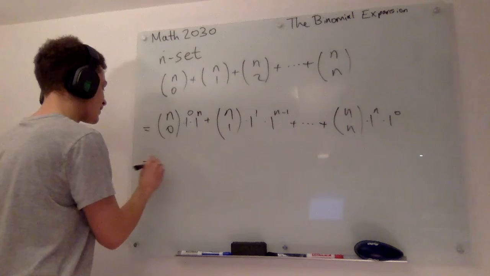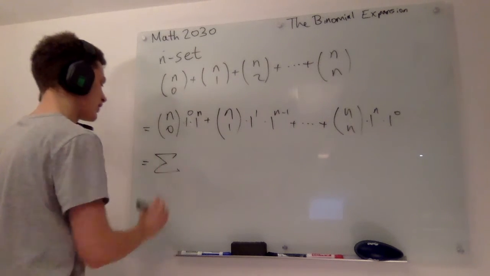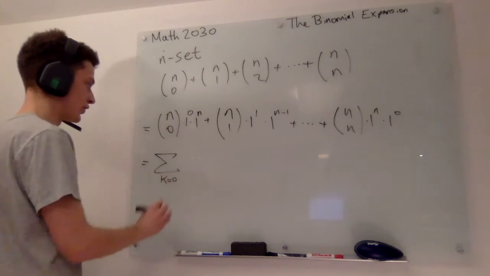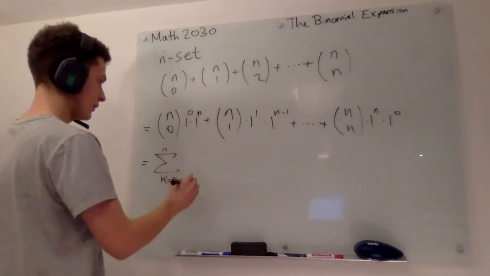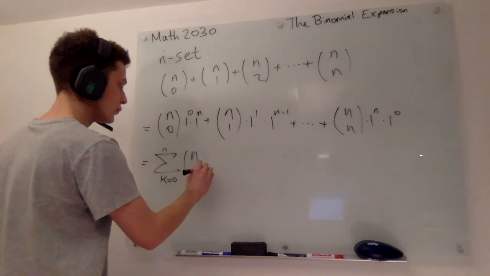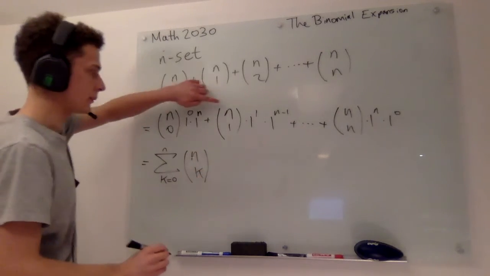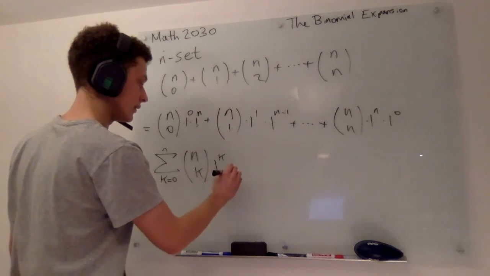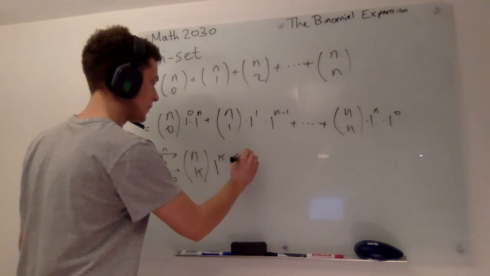And if we condense this notation, what we've really just done here is we have a sum from k equals 0 all the way up to n of n choose k, coming from these guys, 1^k times 1^(n-k).